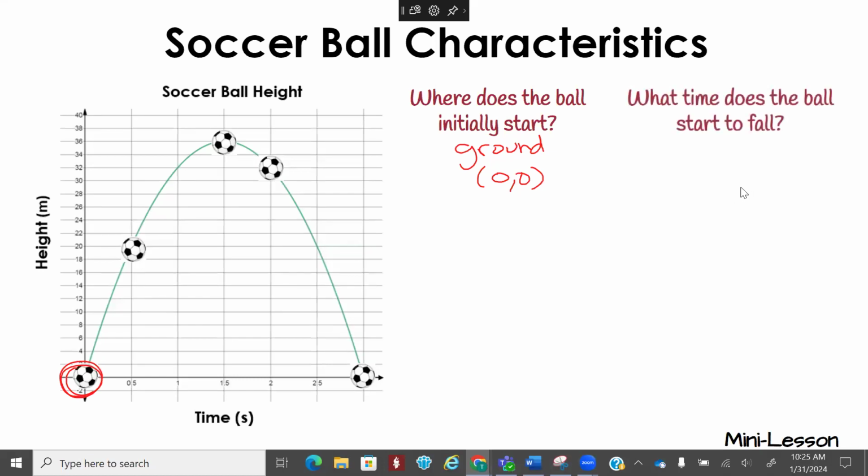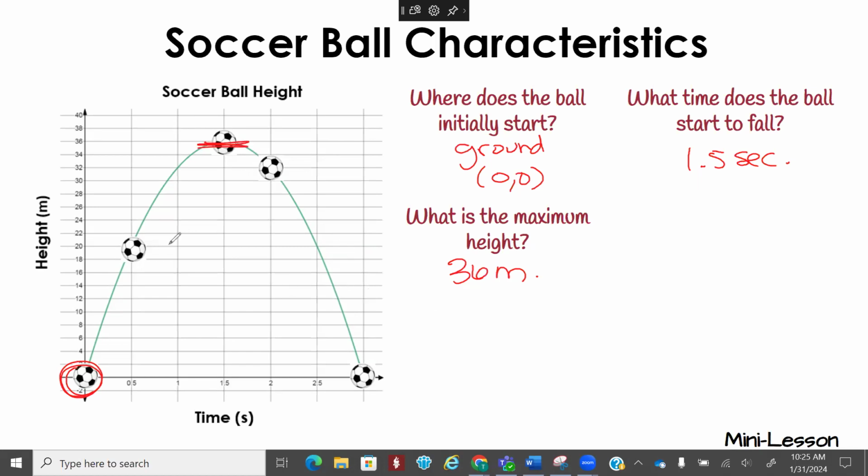What time does the ball start to fall? 1.5 seconds. What's the maximum height? 36 meters, right? We can see that right here. What's the range of the height?